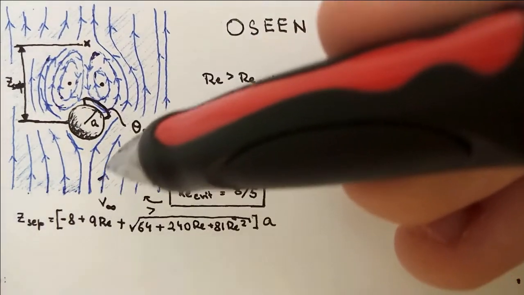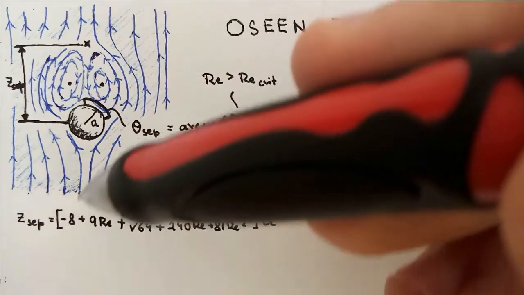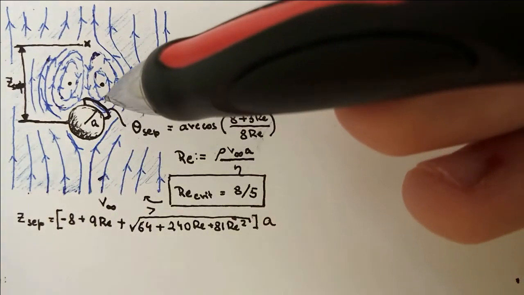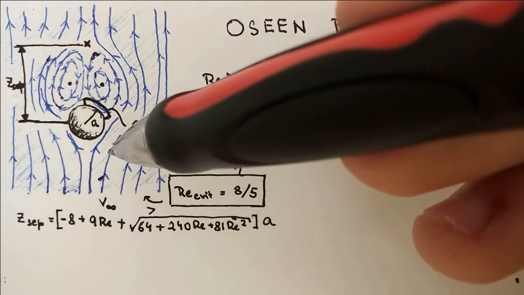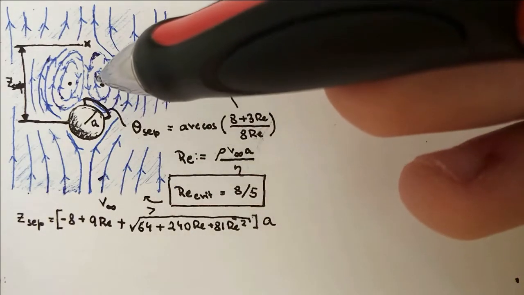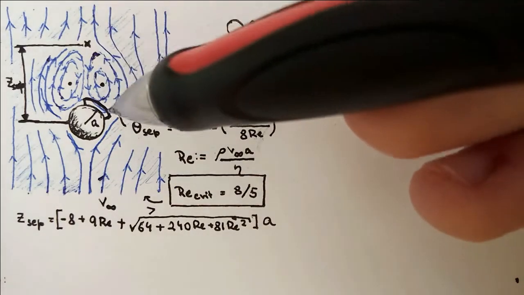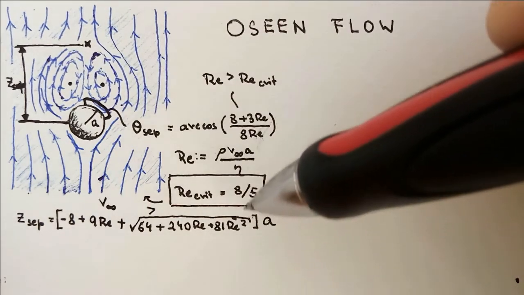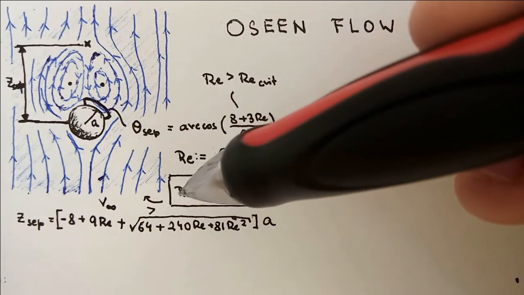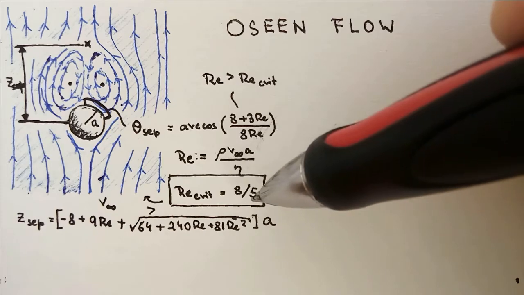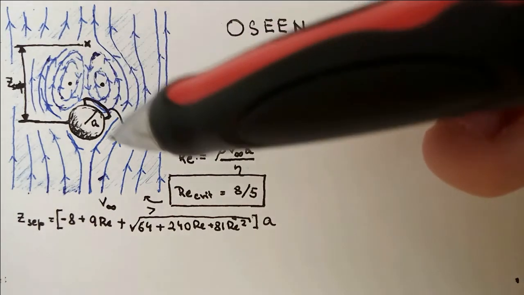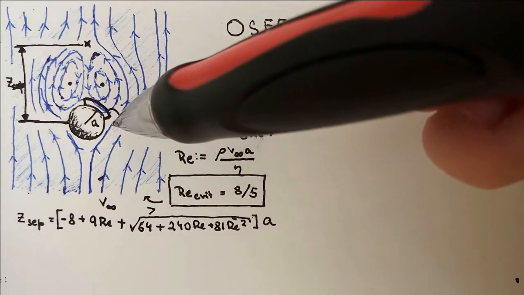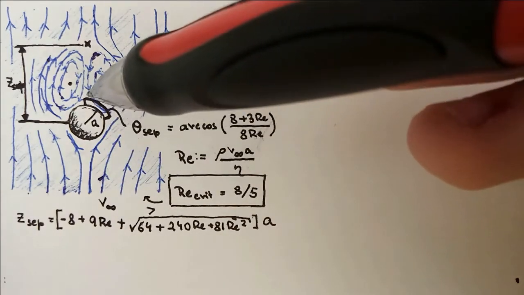In the Stokes flow, the fluid comes from below, goes around the sphere and then goes out, and there are no vortices at all. But from the critical Reynolds number 8/5, there are going to be two vortices, and the fluid will also separate at some angle.